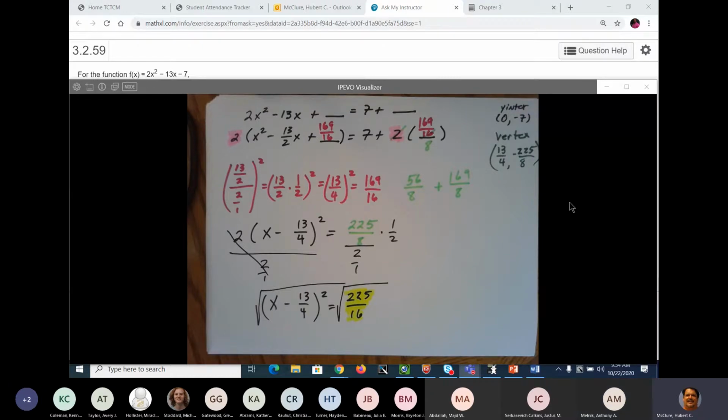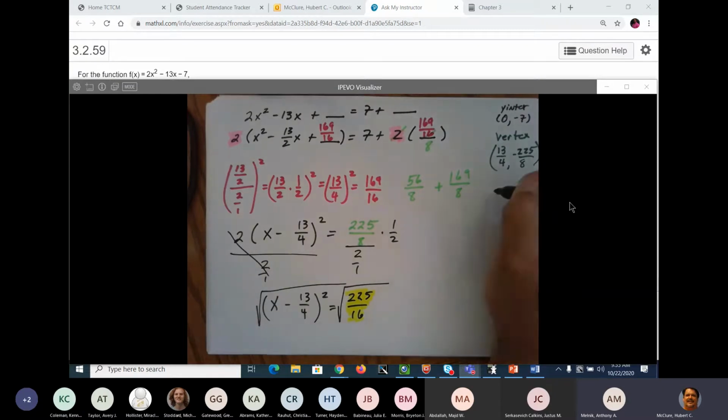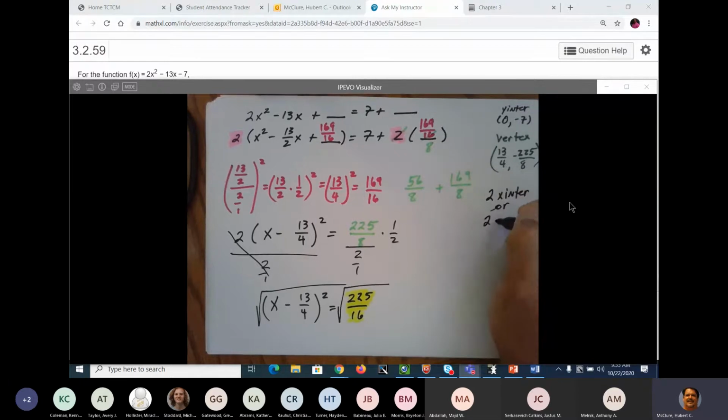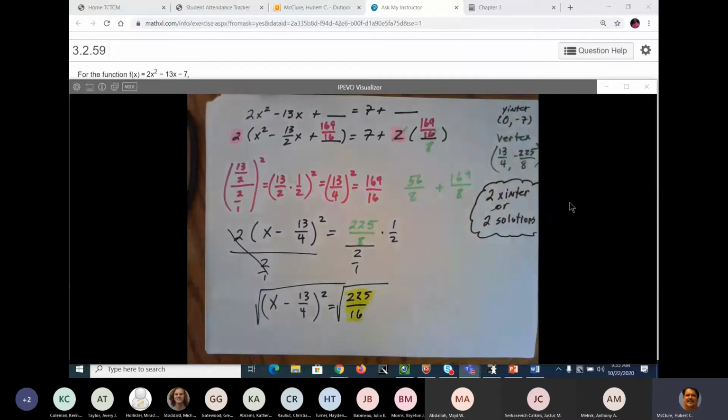One x-intercept, two x-intercepts, or no x-intercepts? Two. I knew that. I gave you all that information, so it's in your notes. Two x-intercepts or two solutions. The only reason I'm doing that is because I believe the problem asked something about the discriminant, and that's the discriminant.